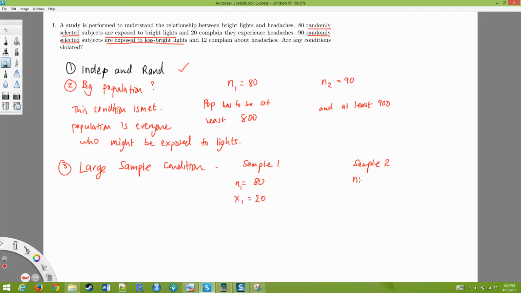And sample 2 has n equal to 90 and x equal to 12. For the large sample condition, there are two ways to go about it. One is n times p has to be bigger than or equal to 10, and n times 1 minus p has to be bigger than or equal to 10. Or the other way is at least 10 successes and at least 10 failures.